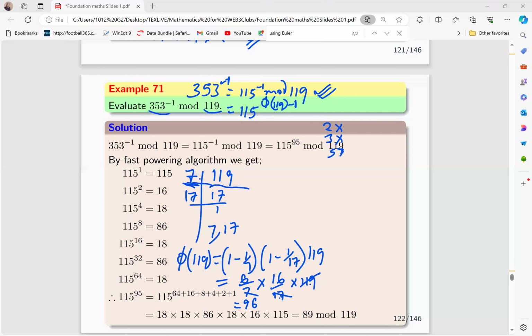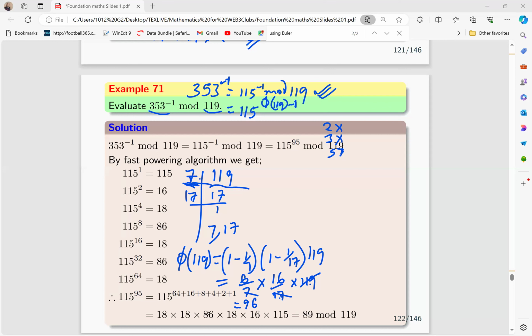You lost me? Yes, Euler phi of 119, after this formula. I got lost before doing this. Okay, write it there.